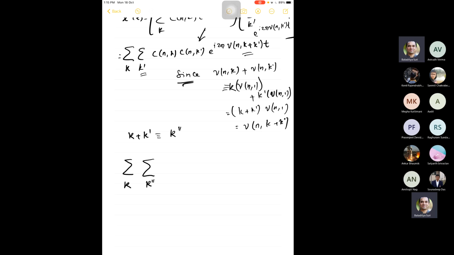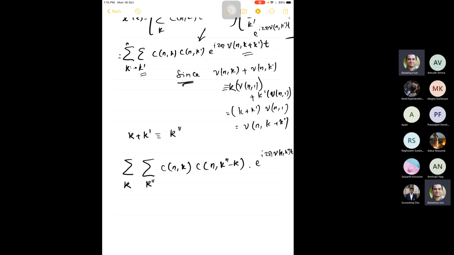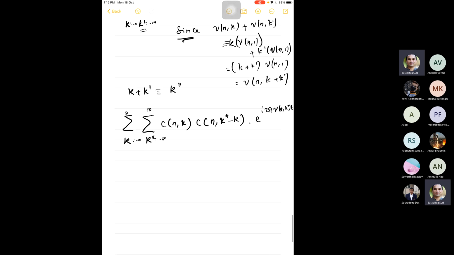Summation over k double prime, C of nk, C of n k double prime minus k, and I get e to the power of I 2 pi nu n comma k double prime t, right? If k and k prime go the entire ranges, k double prime will also go the entire range. K and k prime go from minus infinity to infinity in the Fourier series, so this k double prime will also go from minus infinity to infinity. There is no problem about it.